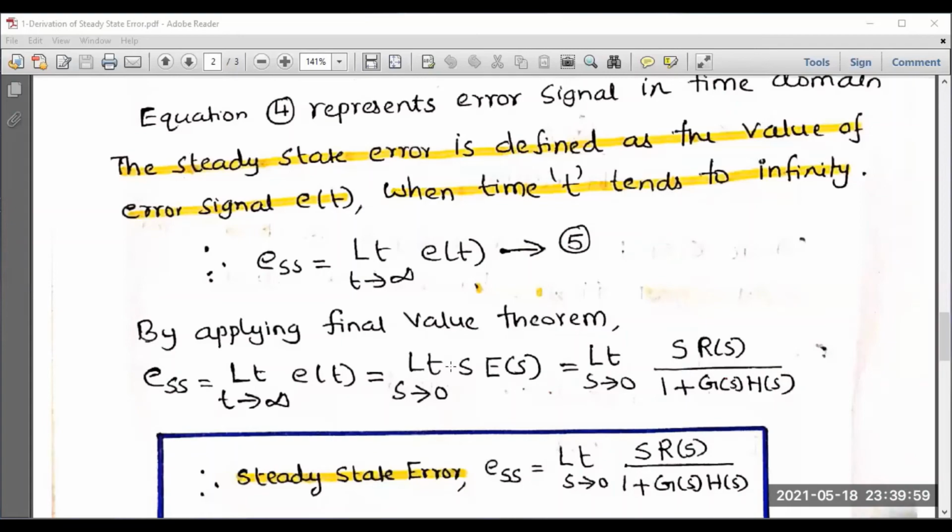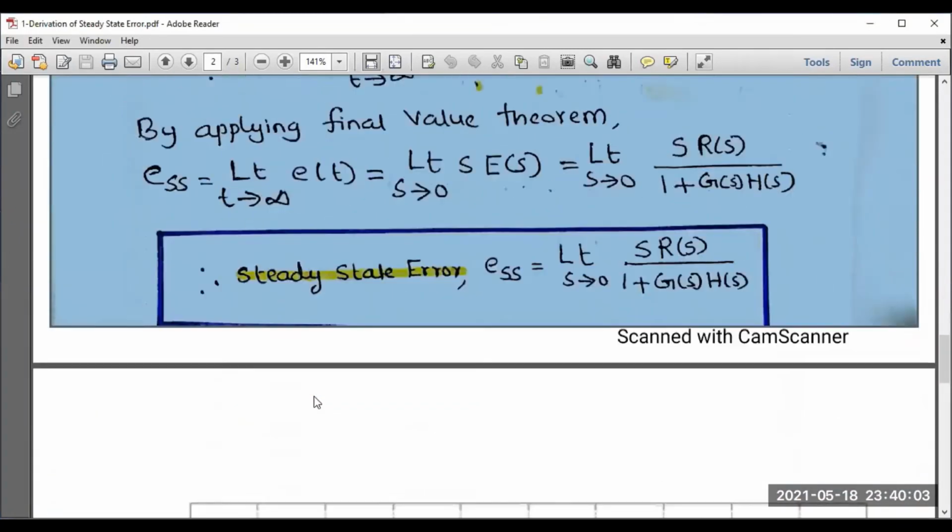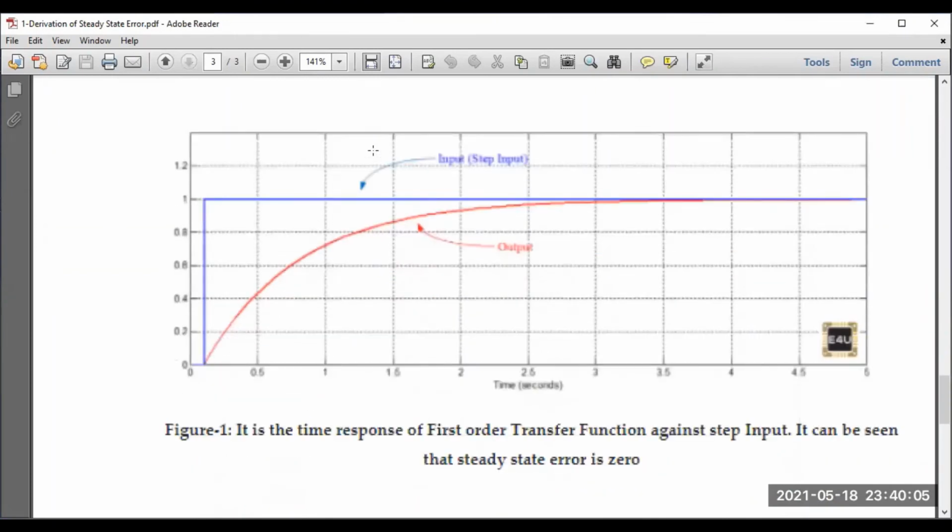One more time, I wanted to recall the meaning of steady state error by showing a particular graph. So have a look at the graph. From this graph, let me know what is the value of steady state error. This graph says that the steady state error of the given system is equal to 0 because there is no difference between the actual quantity and the reference quantity. The actual quantity is the output and your reference quantity is the input.